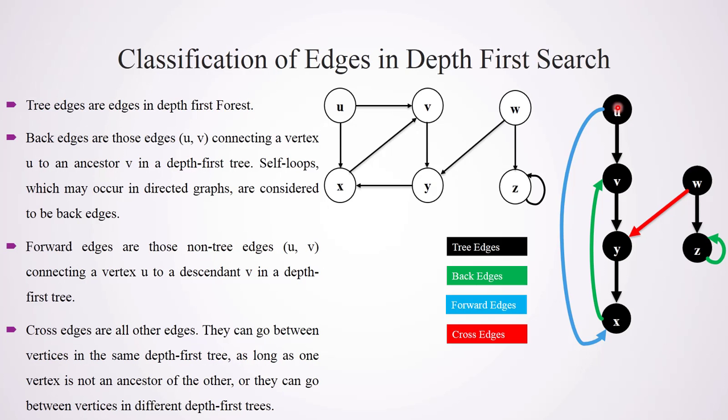So we already drew this structure from U to V, V to Y, Y to X, and also W to Z. I just represented this input graph in another form.